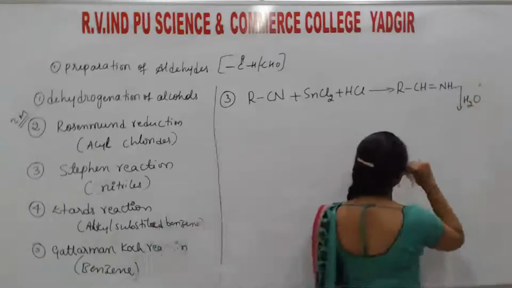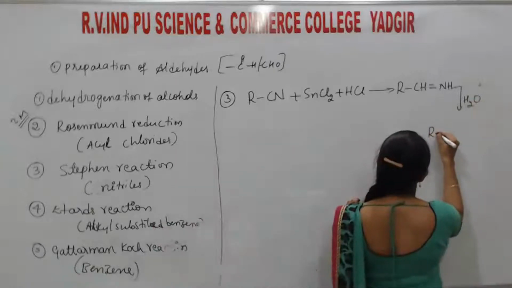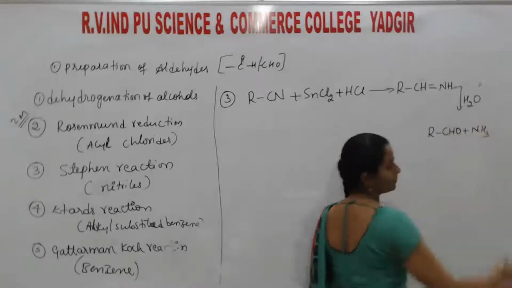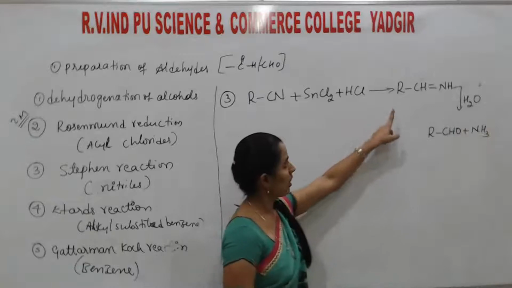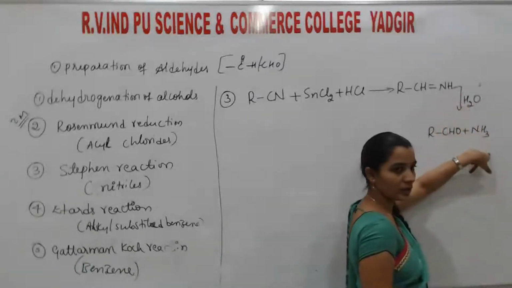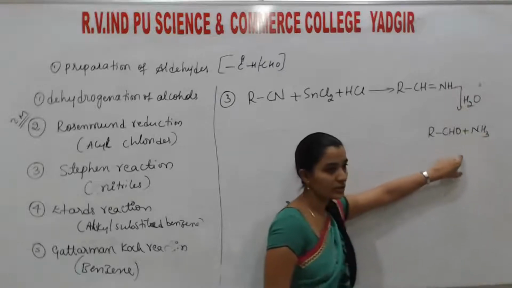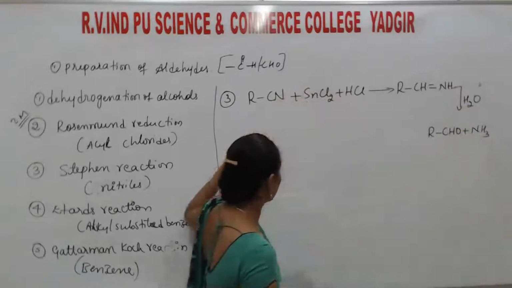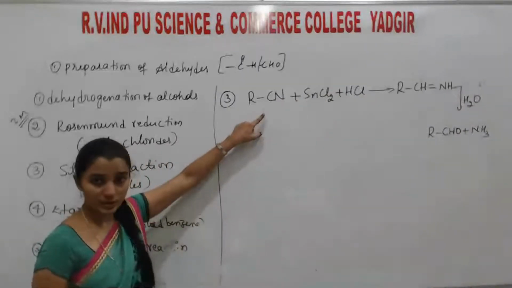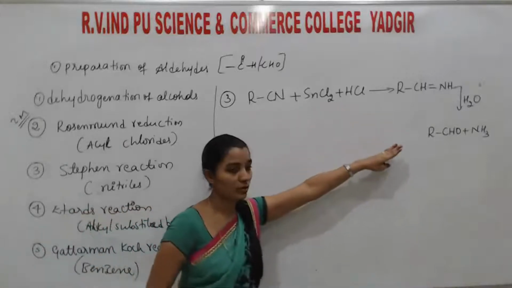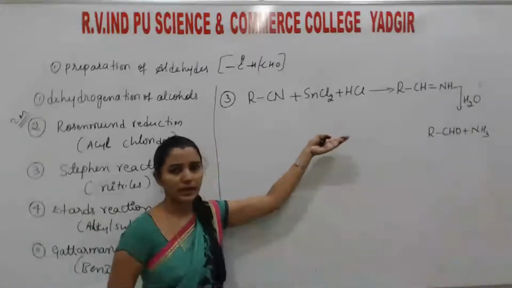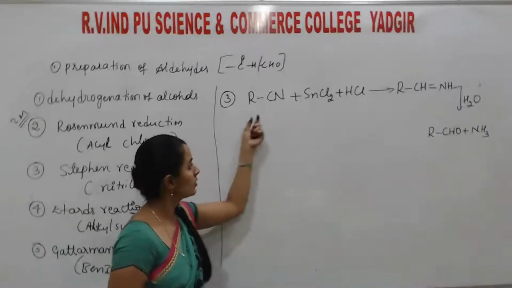Hydrolysis means they form RCHO plus NH3. Are you getting it? So this is the reaction taking place. This reaction is called Stephen's reaction because he conducted this experiment using these reagents for the formation of aldehydes. No matter whether they are primary, secondary or tertiary, there are aldehydes.